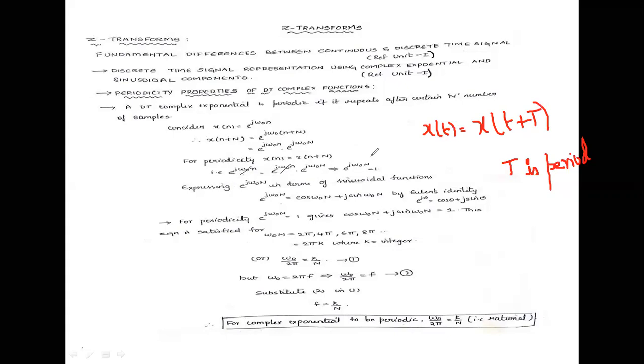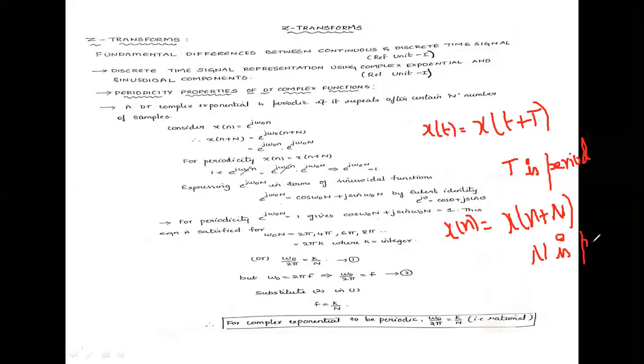Now coming to the discrete time signal, x of n is equal to x of n plus capital N, where N is the period here.